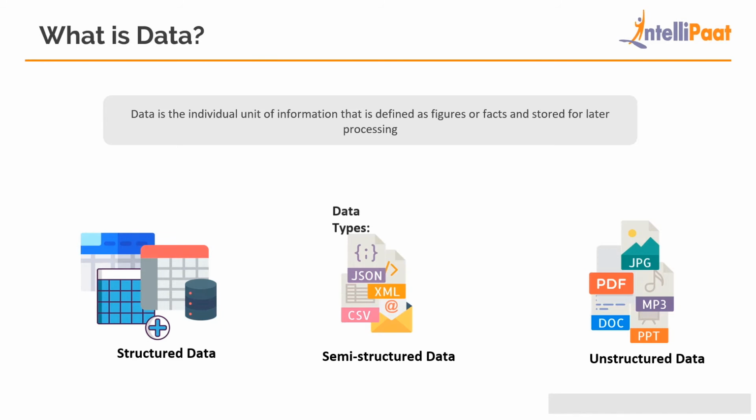So it is structured as a record. Next is semi-structured. It can be both structured and it can have other types of data as well. If you take JSON, it's not required that you should have a certain set of columns. JSON is basically a file in which you can store any type of data in any order which you want. Same goes with CSV and XML.